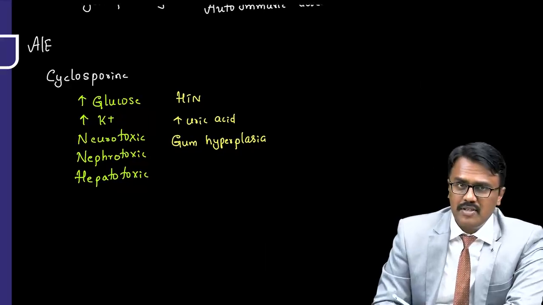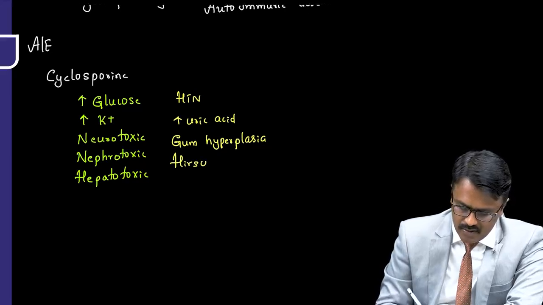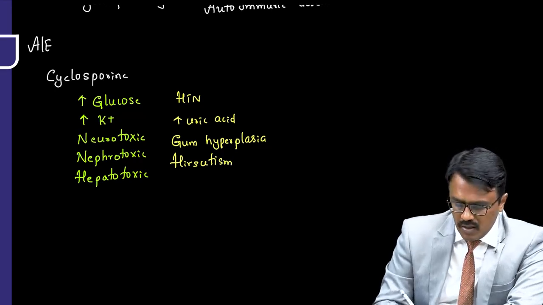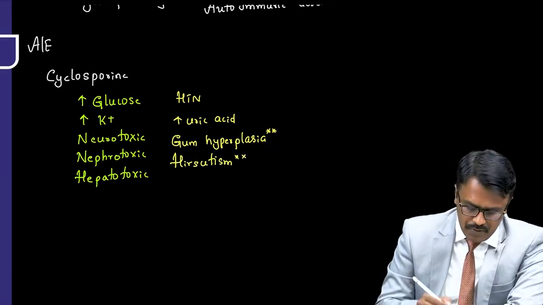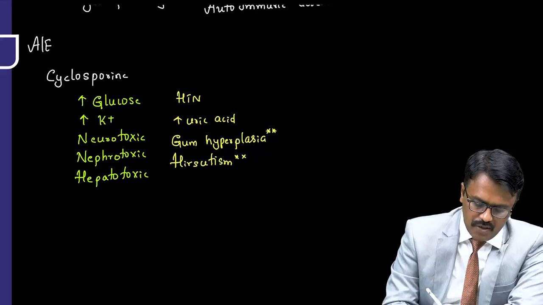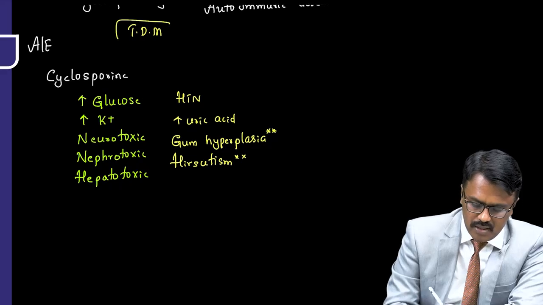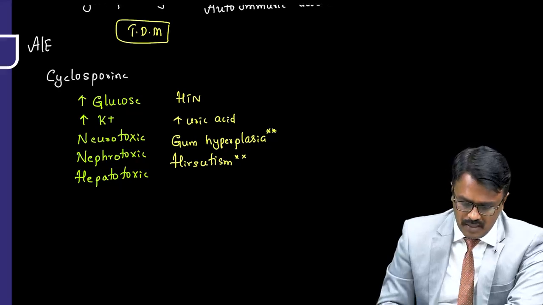And one antihypertensive, CCB is correct. It also produces hirsutism. Most of your exam questions ask which immunosuppressant causes this. Cyclosporin is too toxic, so when you are using these drugs, you have to do therapeutic drug monitoring. So TDM is required when you are using cyclosporin or tacrolimus.